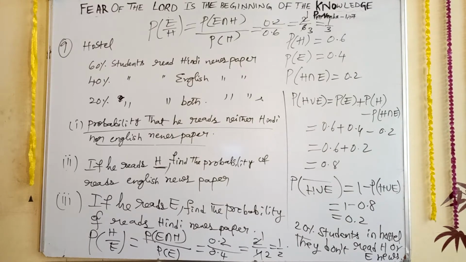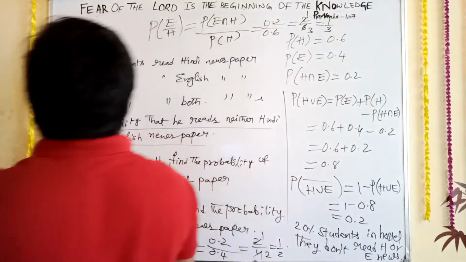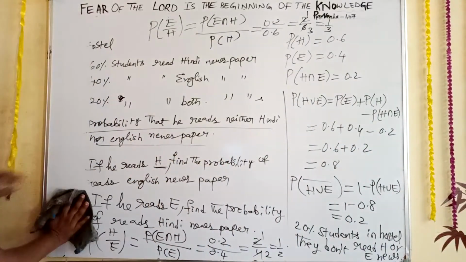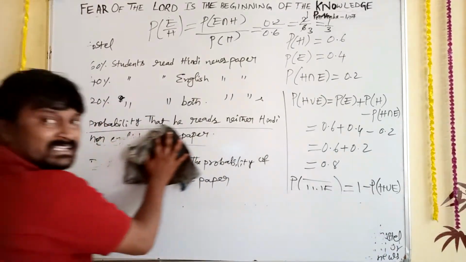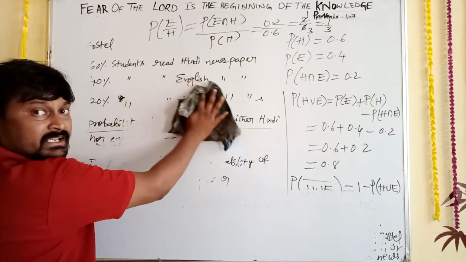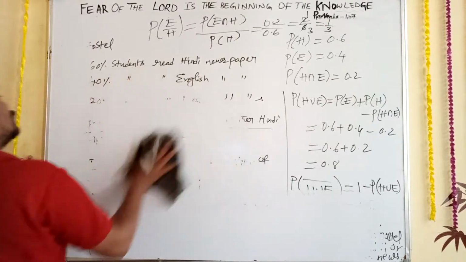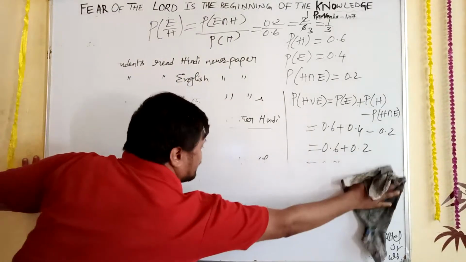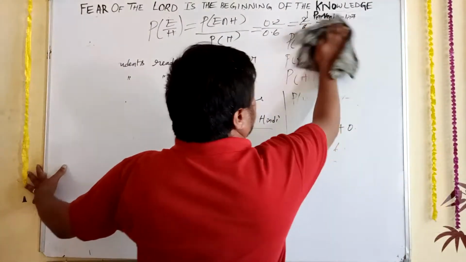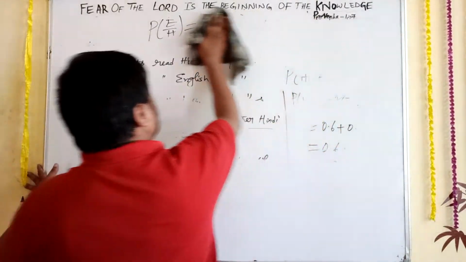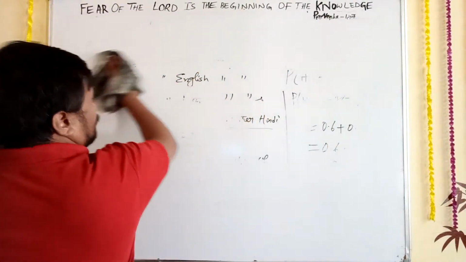And let's move on to the 10th. We don't have time, so we'll complete it fast. What is the time now? 30 minutes. Okay, so now only 9 minutes is left for me for the next class, so I'll complete it within this time itself.